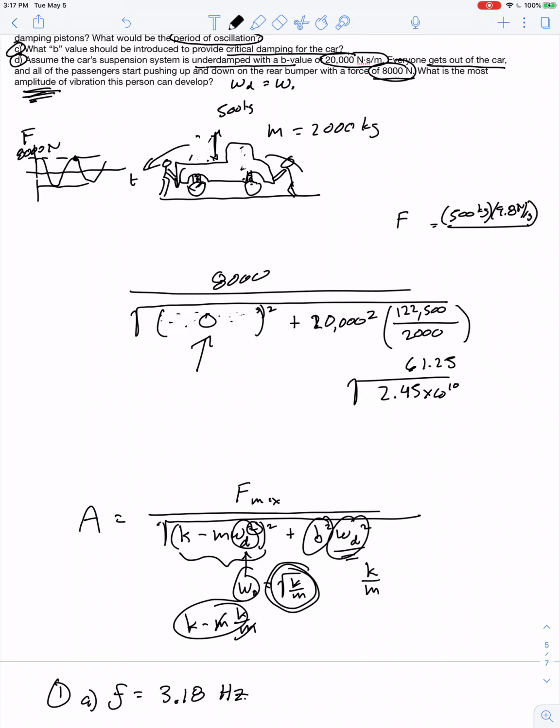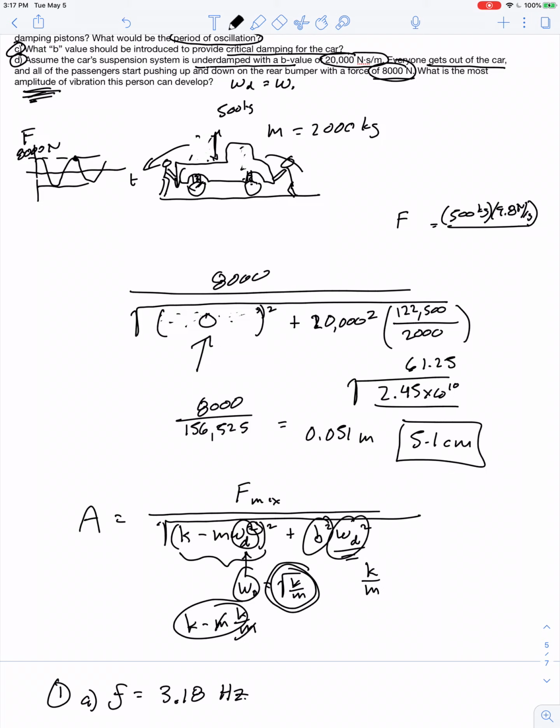We have to take the square root of that. And if we divide 8,000 by the square root of 2.45 times 10 to the 10th, we're dividing 8,000 by 156,525, which comes out to a value of about 0.051 meters or 5.1 centimeters.